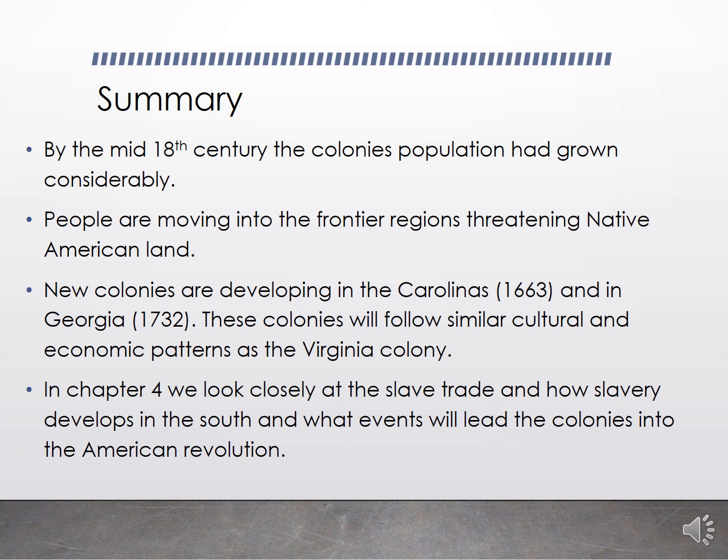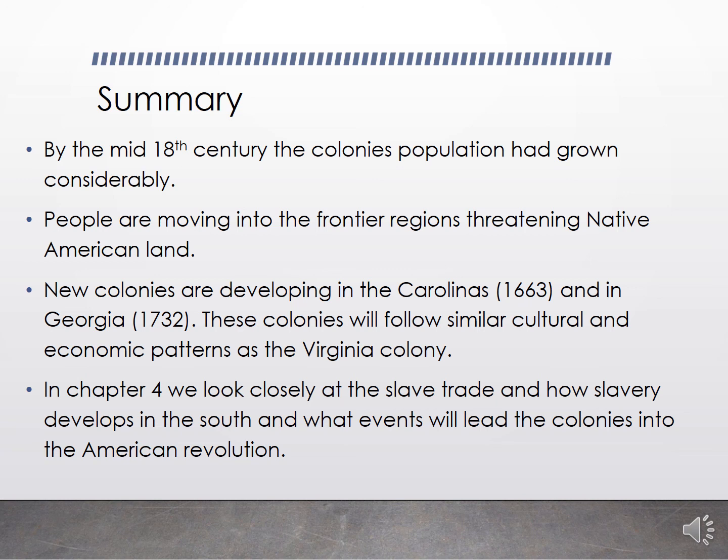New colonies are developing during this time period. So the Carolinas are established in 1663. The Carolinas were established as plantation communities, very similar to Virginia, where you had the tobacco plantations. In the Carolinas, massive rice plantations are going to be the big staple crop, and also indigo.